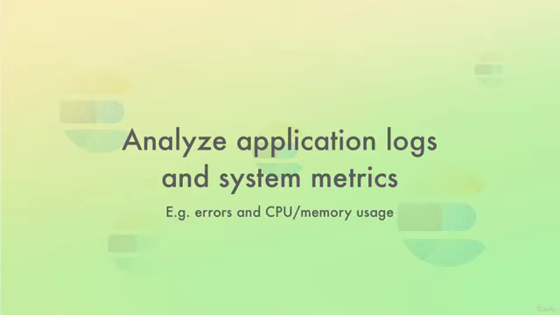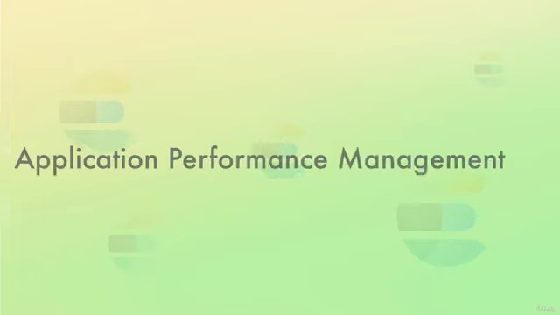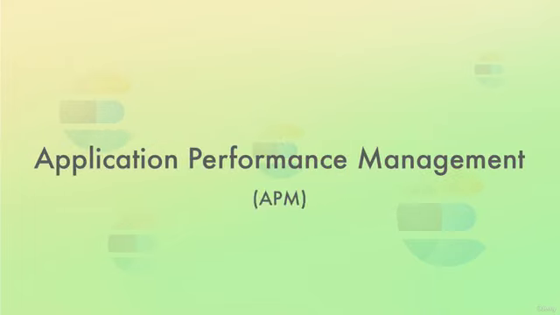You might want to keep track of the number of errors for a web application or the CPU and memory usage of servers, and then show that on a line chart, for instance. This is referred to as Application Performance Management, or APM, and it's a quite common use case of Elasticsearch and the Elastic Stack.